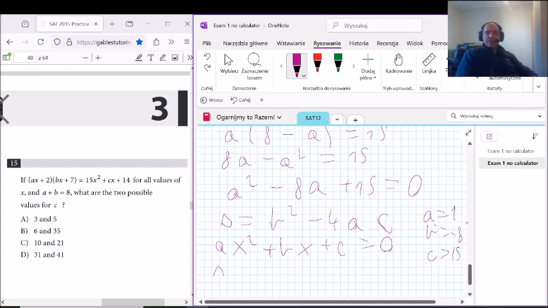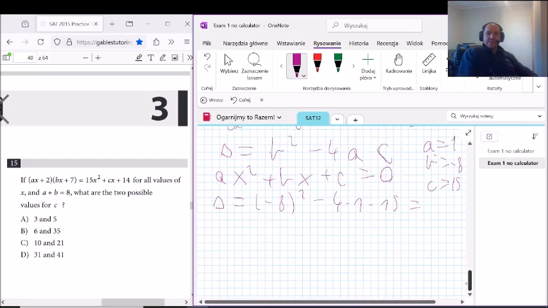Now we can calculate our delta. This will be minus 8 squared minus 4 times 1 times 15, and 8 squared is 64, minus 4 times 15 equals 60, which means 4. And now the formulas.